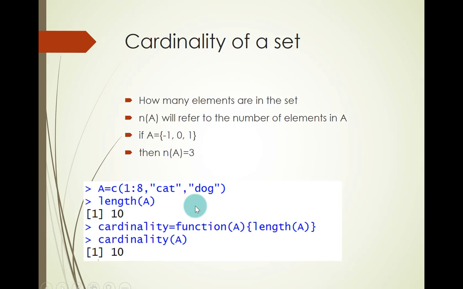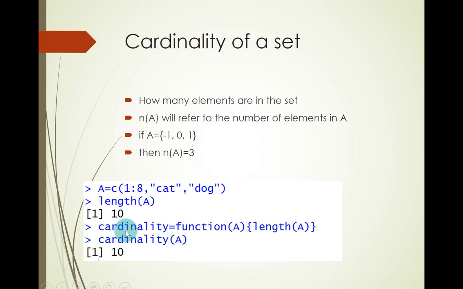So the number of elements won't be affected by how many times you repeat the element in the set. However, it definitely will be affected here. So we have to be careful of that.